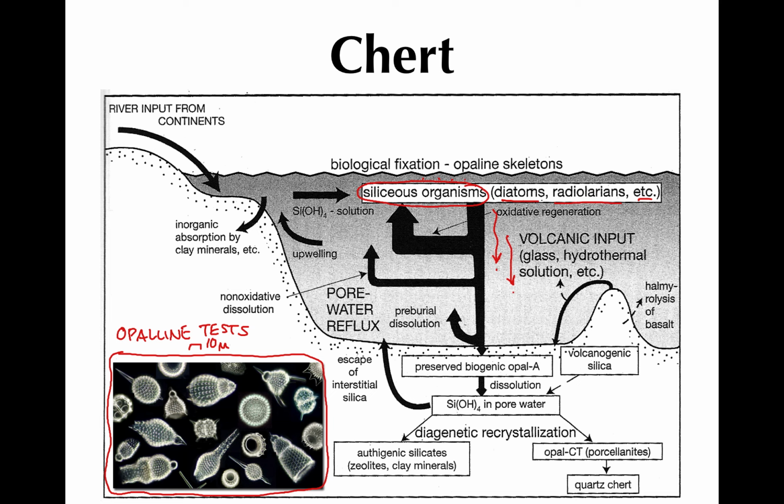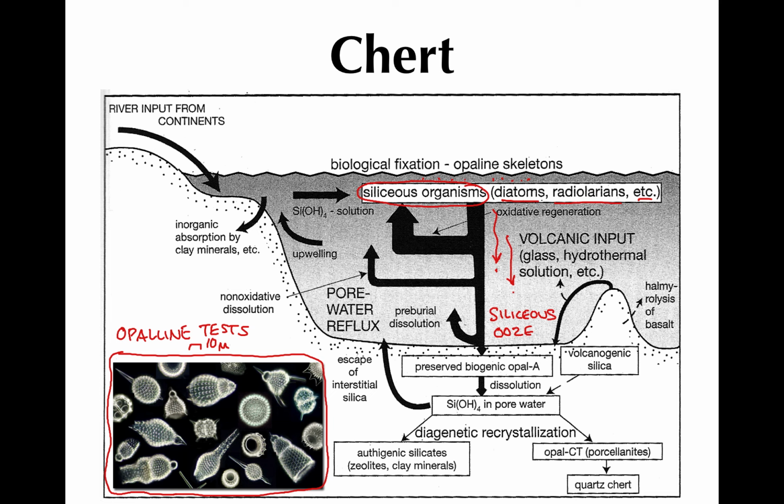And if the bottom happens to be either below the CCD or in cold water where there's not a lot of carbonate production near the sea surface, then they can accumulate down at the bottom as a siliceous ooze. The word ooze being pretty evocative of what that is. It's a mushy, muddy mess made up of those opaline tests of the organisms that died, and then the tests sink to the bottom.